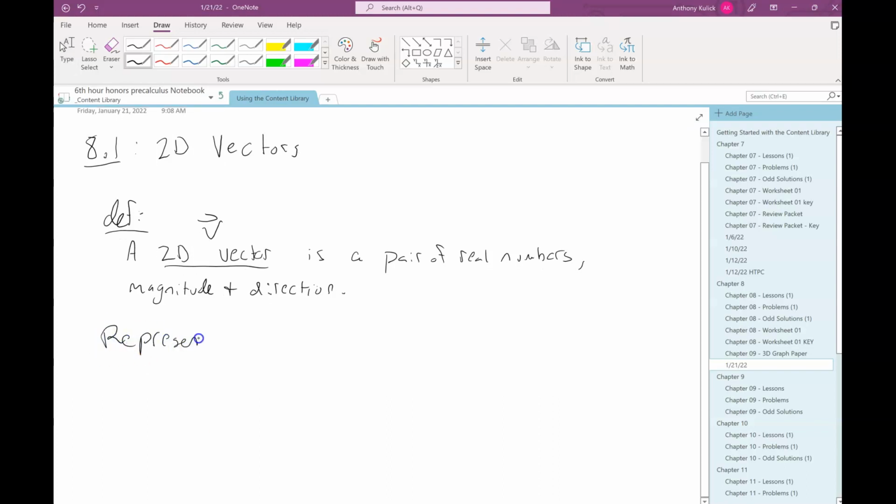Today, we're going to start by talking about some different ways that we can represent a vector, and we'll spend a little time talking about how we can translate back and forth between those different representations.